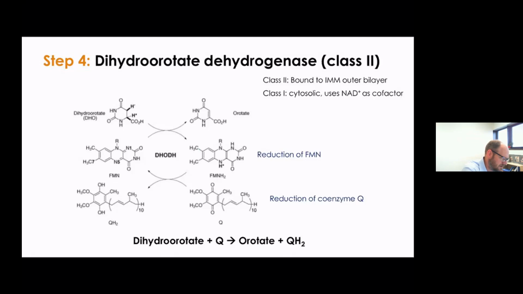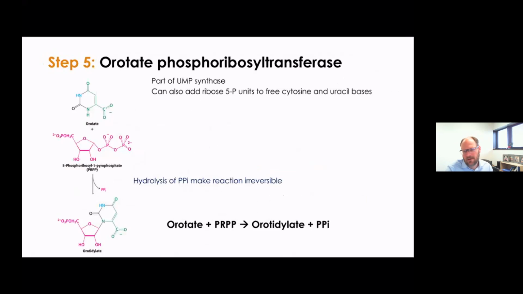So this is also a vitamin. If you're ever wondering why flavin is one of your vitamins, it's because it mediates these electron transfers between coenzyme Q and your products. Anyway, that allows us to make orotate. So once you have orotate, you're basically there. You just need to add it onto a ribose base.